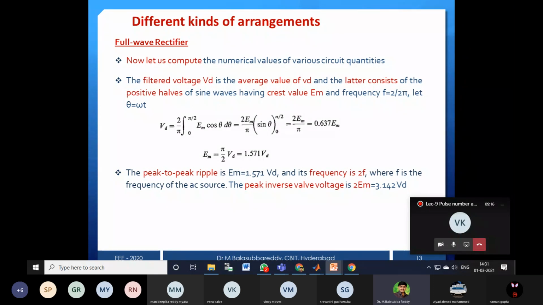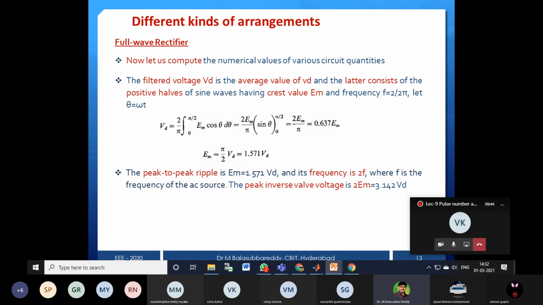Now here, you can see the full wave midpoint converter we observed in the theory part also, normally in power electronics. Once a midpoint is used, the full winding is connected across the device when the device is in off state, so obviously a reverse voltage will appear across it.